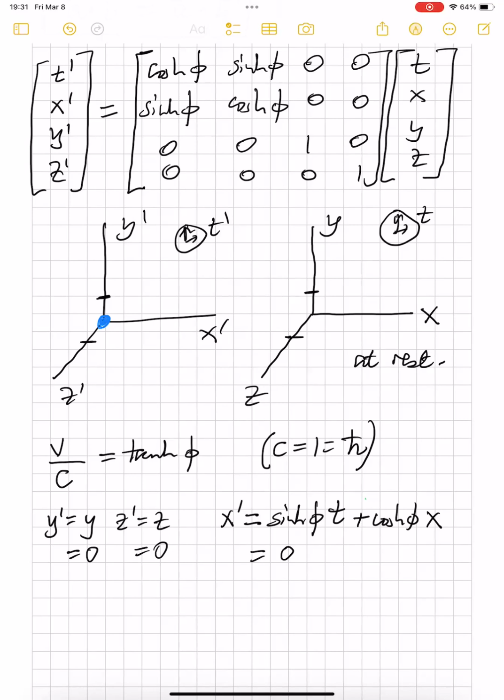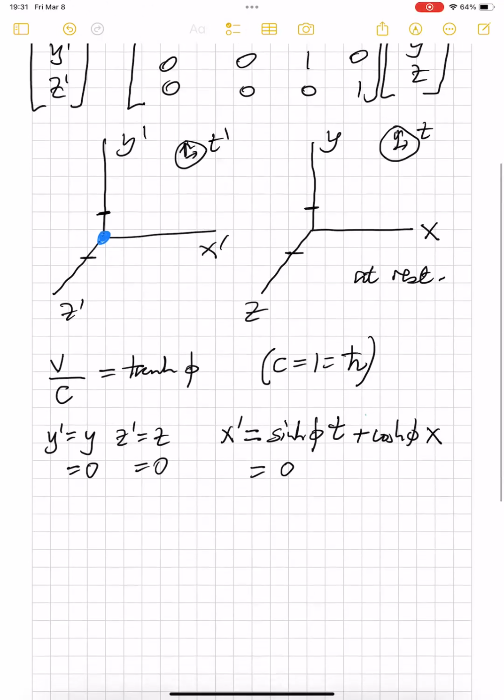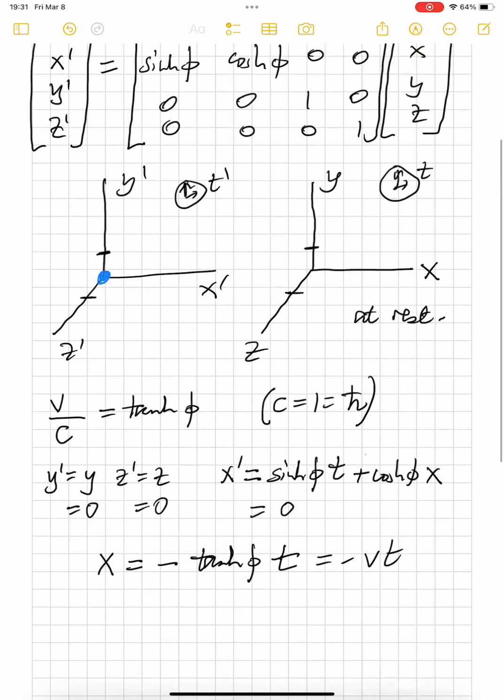So I can actually now solve for x. X will be equal to minus sinh over cosh, which is the tanh of phi, times t. And of course, this is nothing but minus vt. So, okay, I've said c is equal to 1, we see indeed that the velocity is tanh phi.